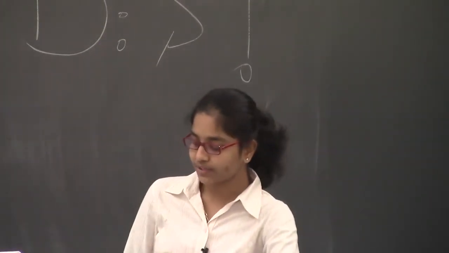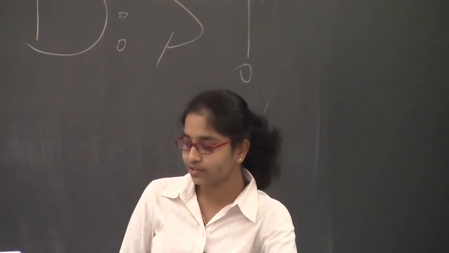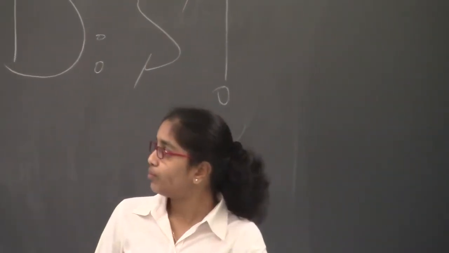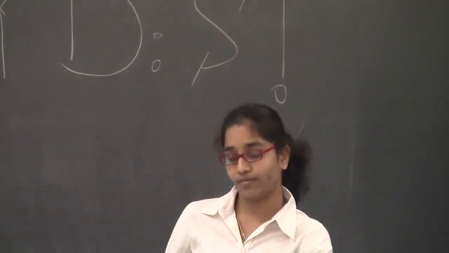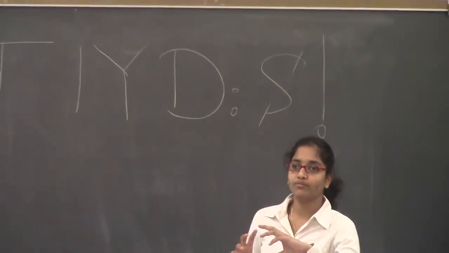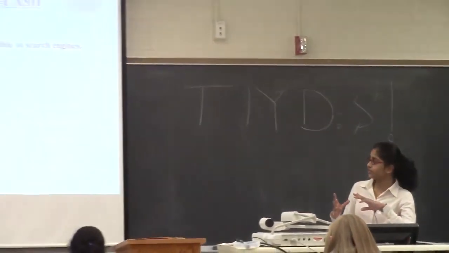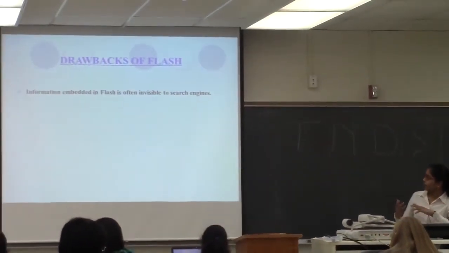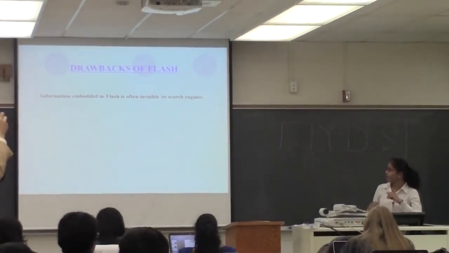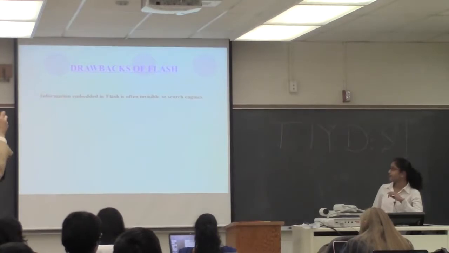One is information. Unfortunately, using this Silverlight technology is a poor choice for designing the web page, because there are many problems while designing a web page using this technology. The first one is that information embedded in the Flash is often invisible to the search engine.